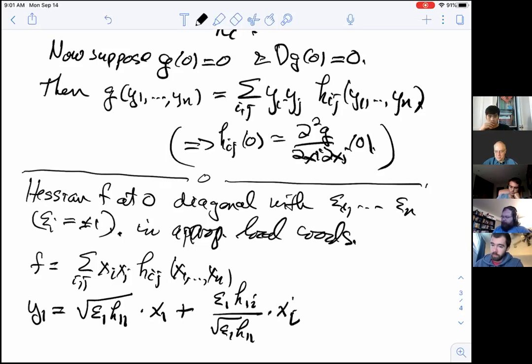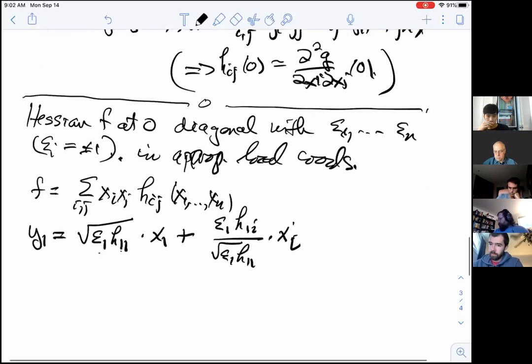So what kind of expression is that? First of all, I need to be able to take the square root of epsilon 1 h11, but h11 takes value at the origin epsilon 1, and therefore this function takes value 1 at the origin, and therefore in some neighborhood is positive, and I'll work in a neighborhood where I can take the square root. Okay.